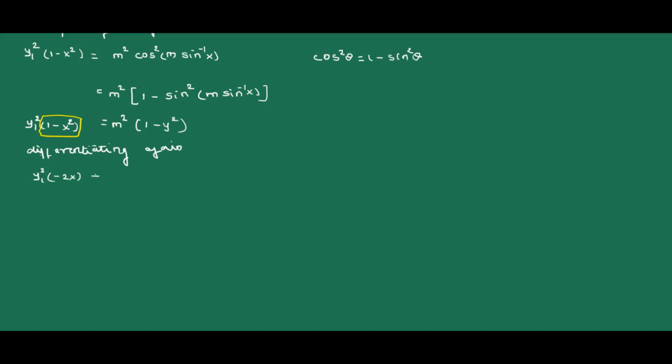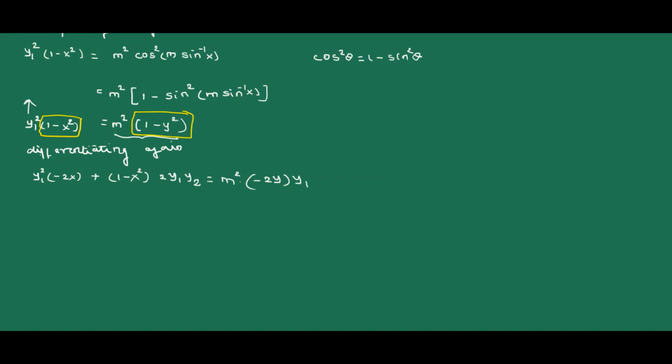Now plus the second term, 1 minus x square as it is, into the differentiation of the first term y1 square, which is 2 y1 into y2. On the right hand side m square is constant, and the differentiation of 1 minus y square is minus 2y into y1.